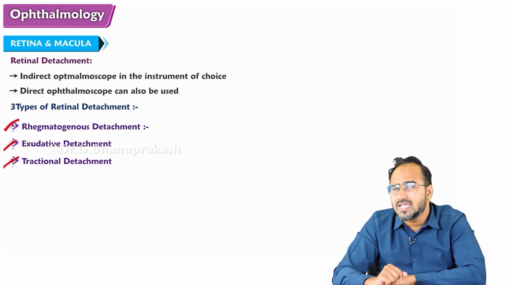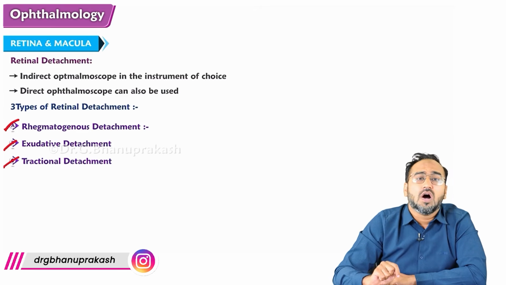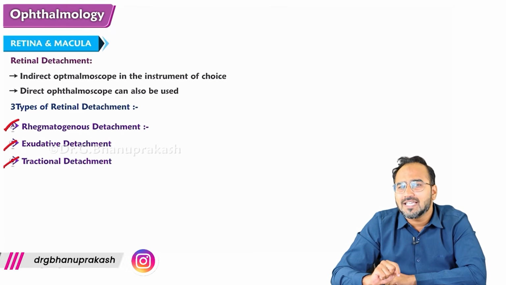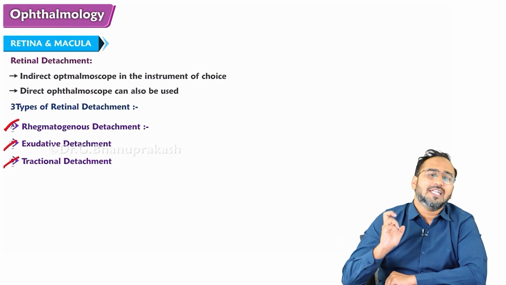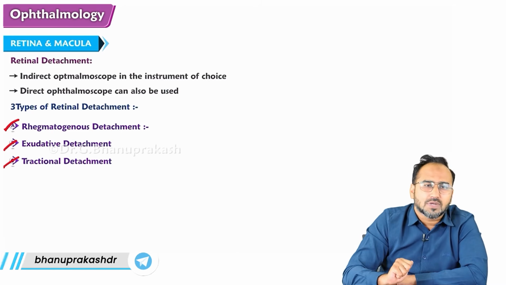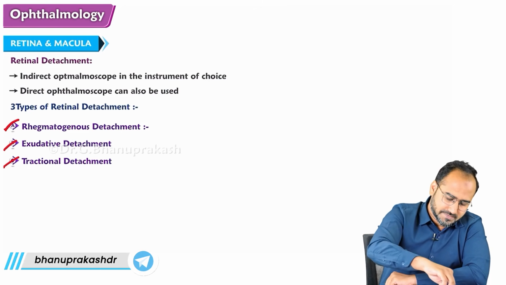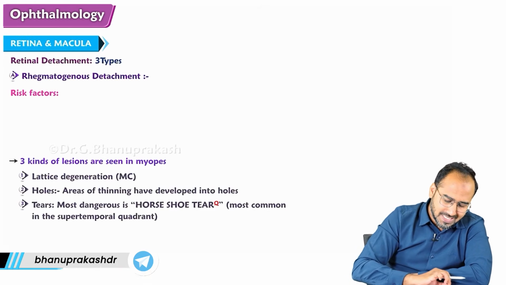It looks like a horseshoe, hence it is called a horseshoe tear. Where is this horseshoe tear occurring? In which quadrant of the retina? This tear is occurring in the superotemporal quadrant. We are talking about rhegmatogenous retinal detachment.